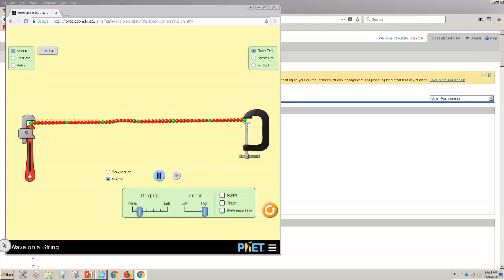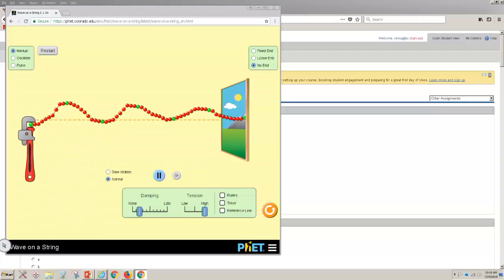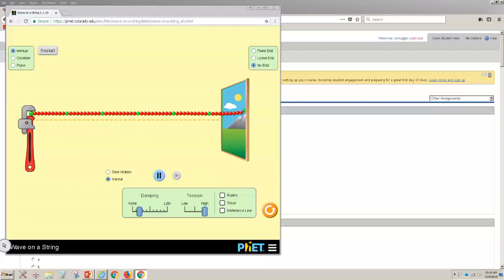And to describe a behavior of a wave, we just need to describe a behavior of a single pulse, because a wave is just a combination of pulses, one after another, one after another. This wave has internal friction.